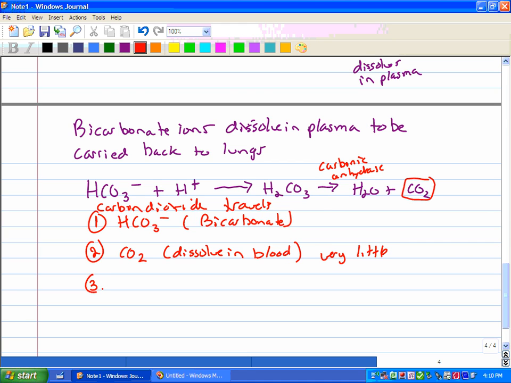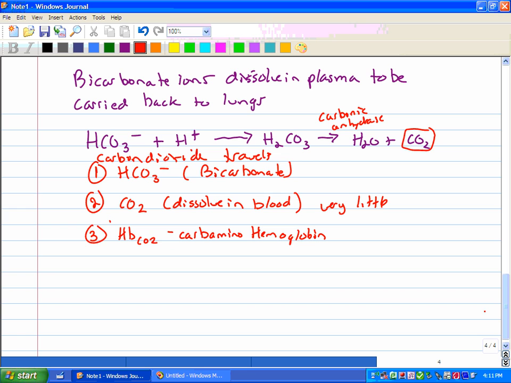And then some, not much, will be HbCO2, attached to hemoglobin. So this is the carbaminohemoglobin. And it all depends on the situation, whether the acidity is high or the pH is low, whether or not hemoglobin's around to be able to attach there.